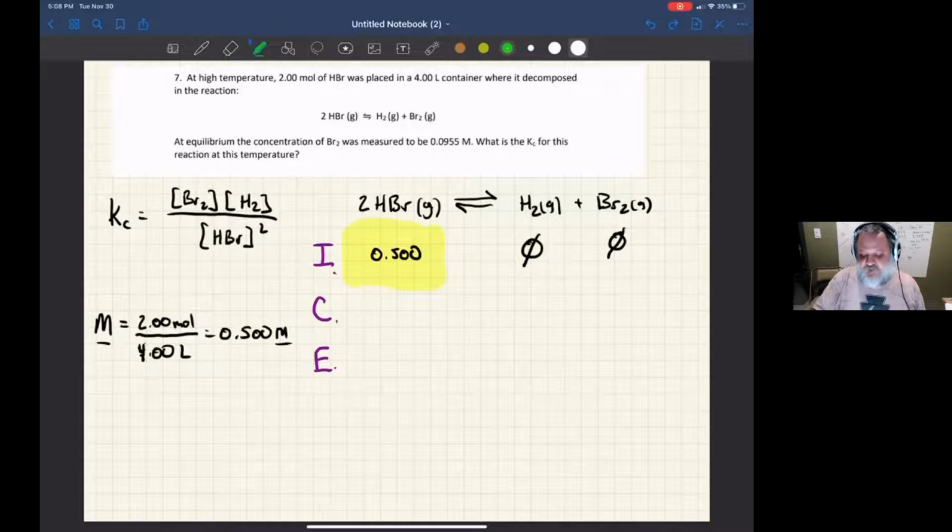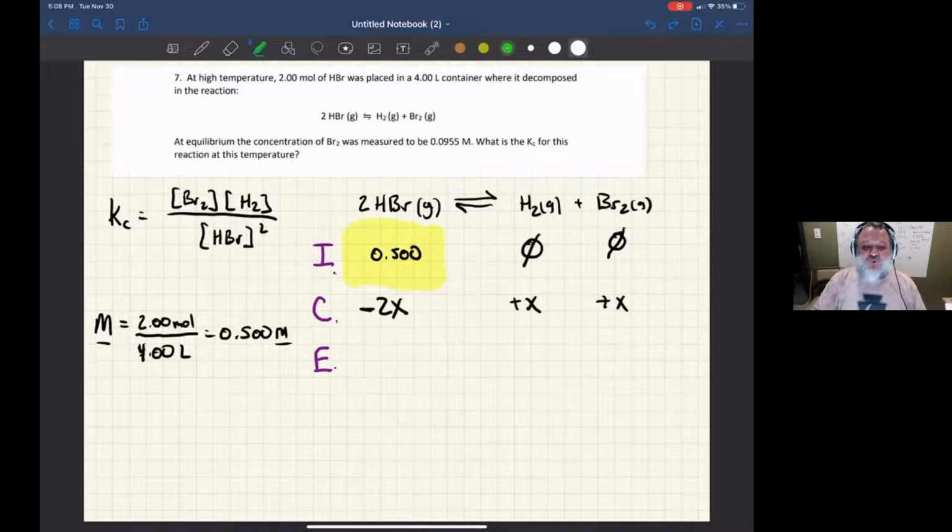So it's going to go down by an amount X, but it's going to be 2X because of the stoichiometric coefficient. Now I can say that H2 will go up by 1X and Br2 will go up by 1X. Now I have a single variable to deal with in this expression.